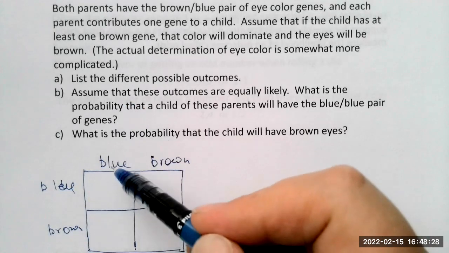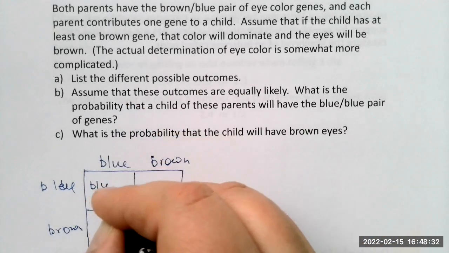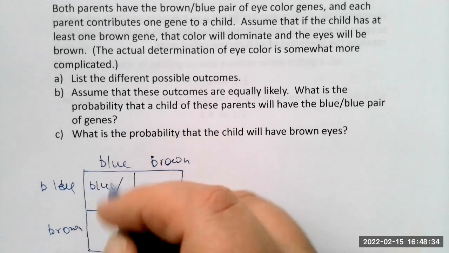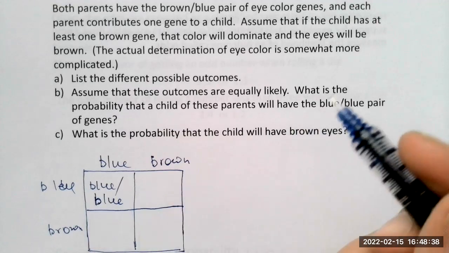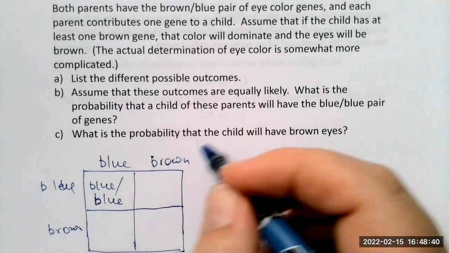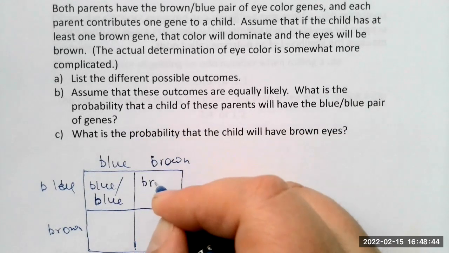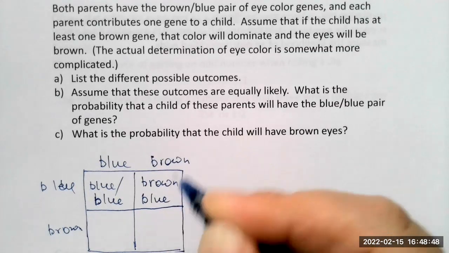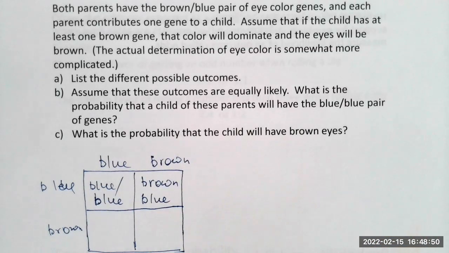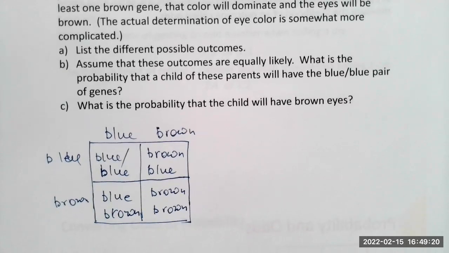So what are the possibilities? The first possibility is that the blue gene is contributed from the mother, and also the blue gene contributed from the father. Then another possibility, brown gene from the mother and blue from the father. And then we continue filling the table. That's what we get.